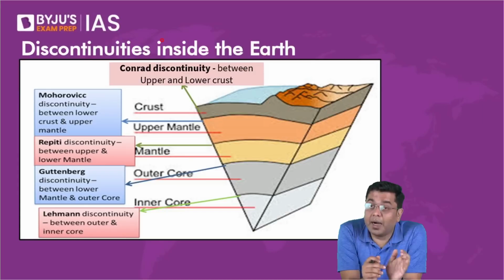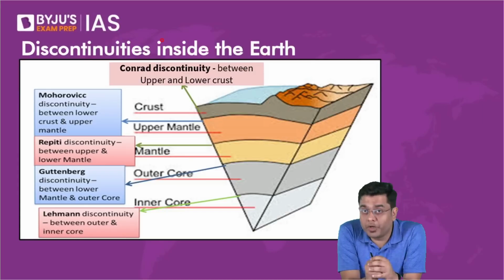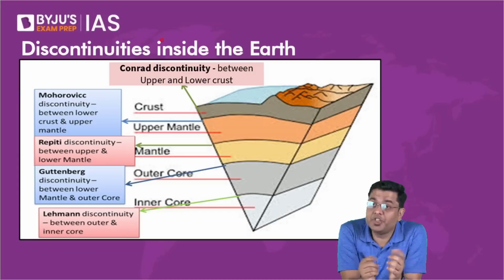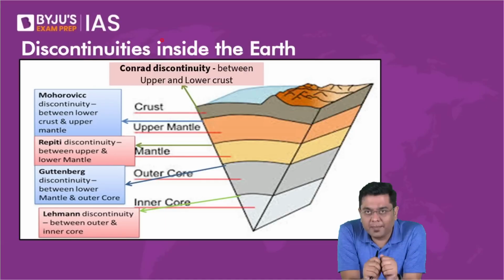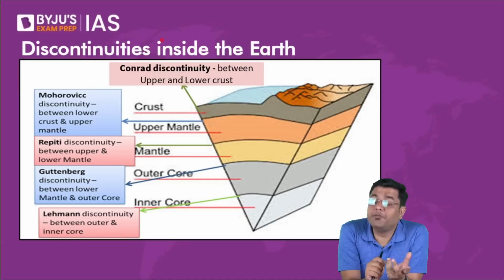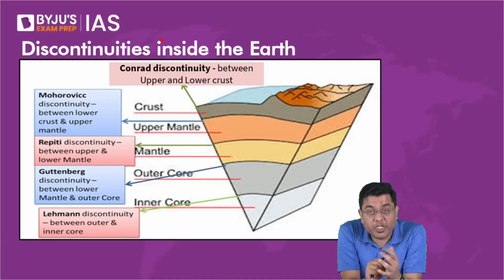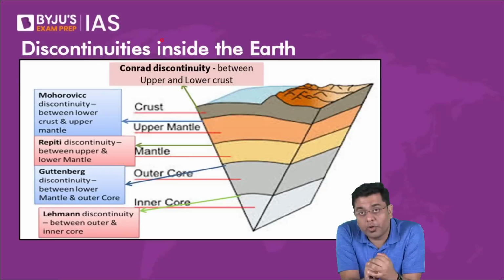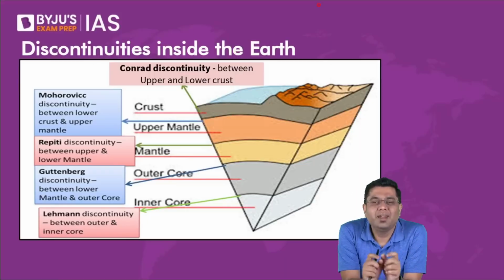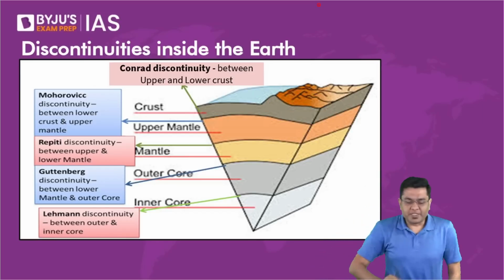Then similarly, the upper portion of the mantle and the inner portion of the mantle are differentiated by the Repeti discontinuity. Then the mantle is separated from the molten outer core by the Gutenberg discontinuity. And eventually, the molten outer core is differentiated from the solid inner core by the Lehman discontinuity.